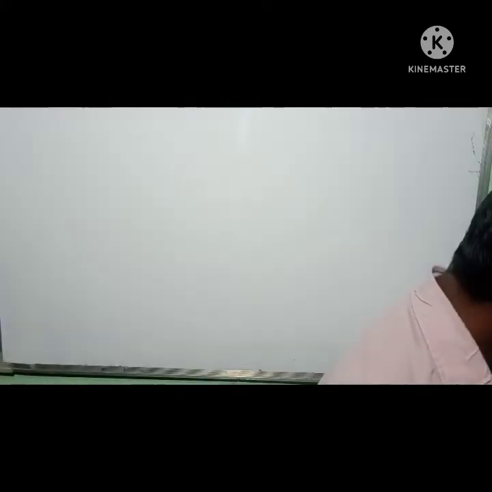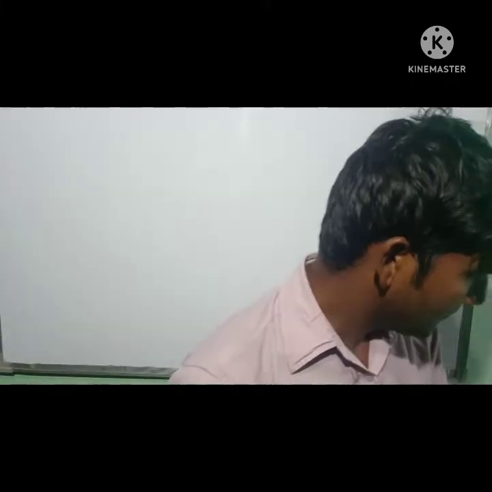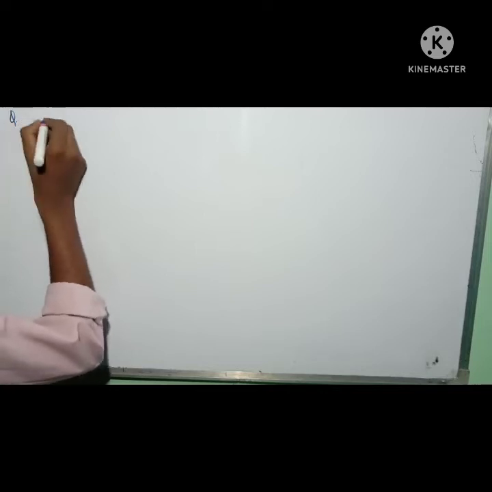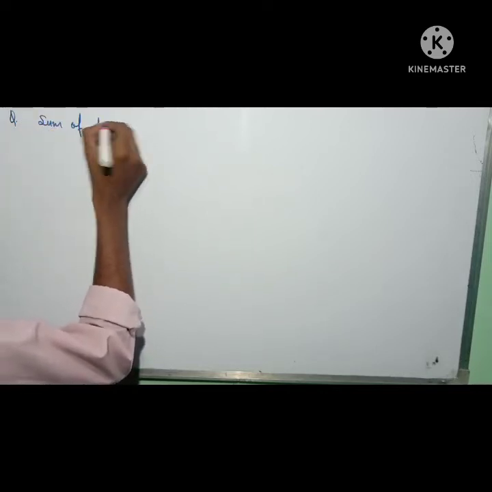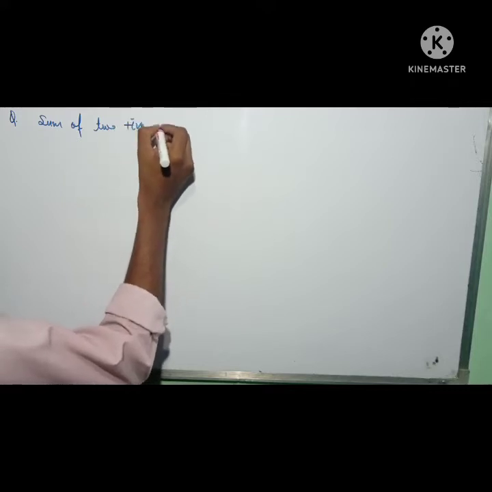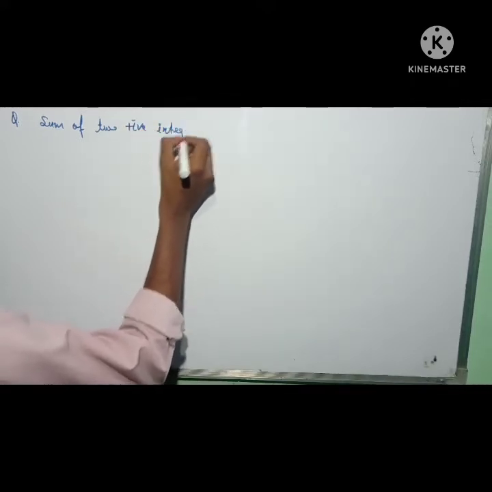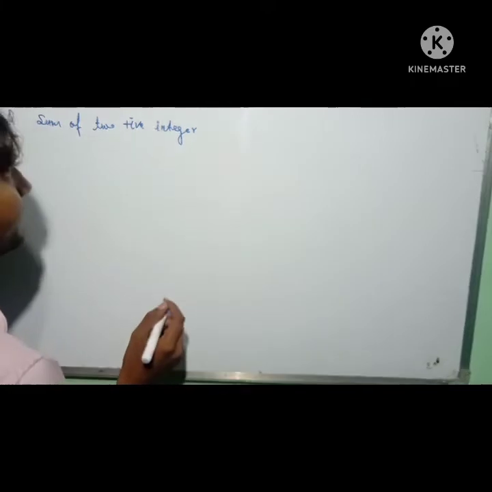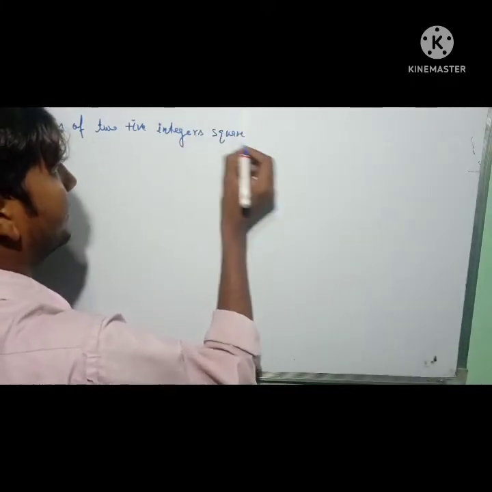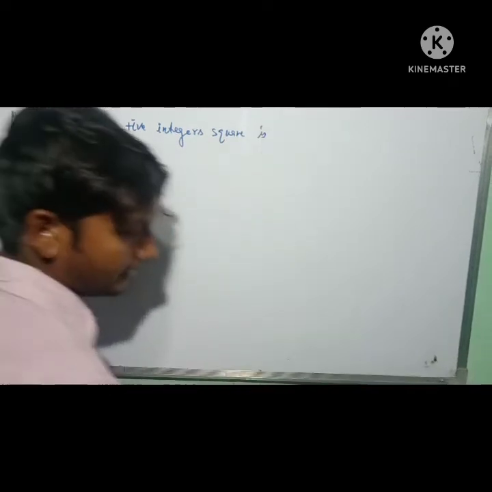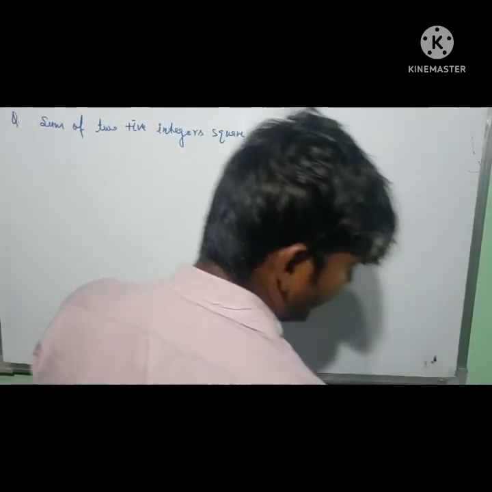Now the next question. The sum of squares of two positive integers is 61.